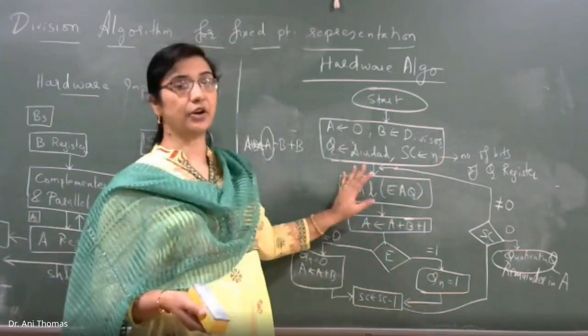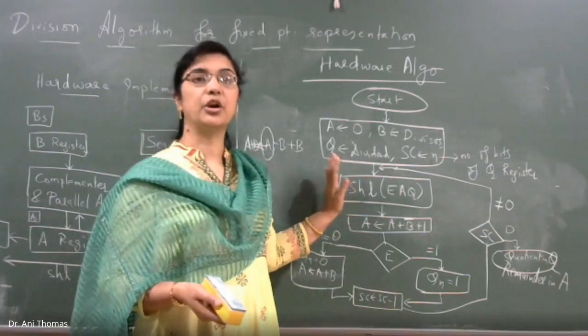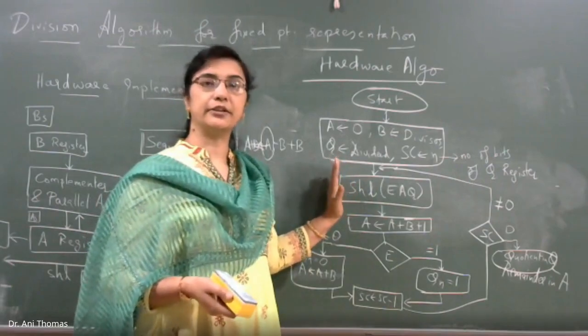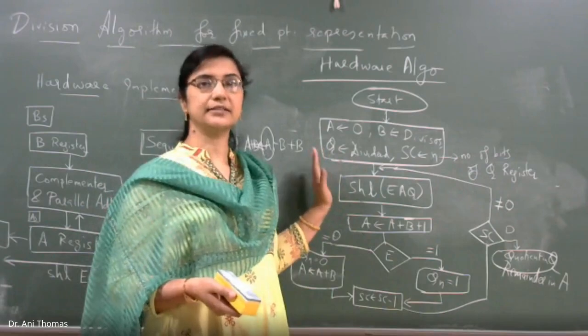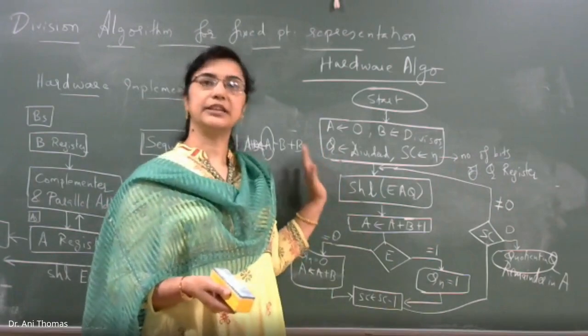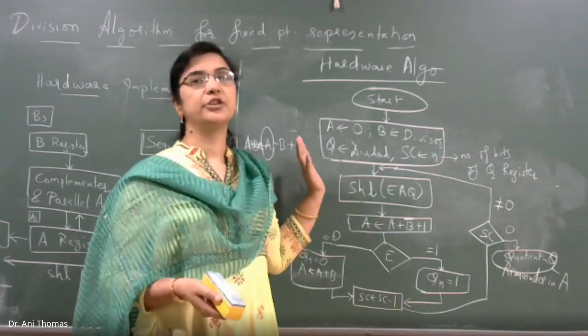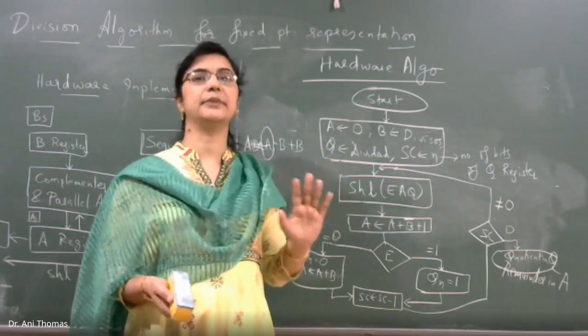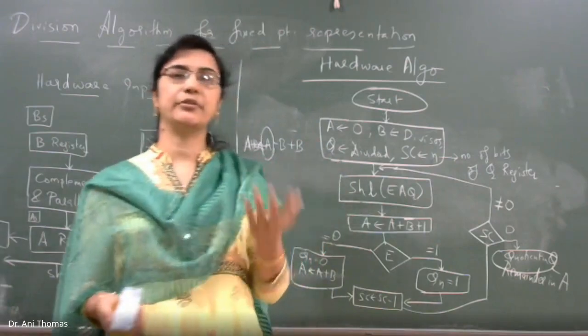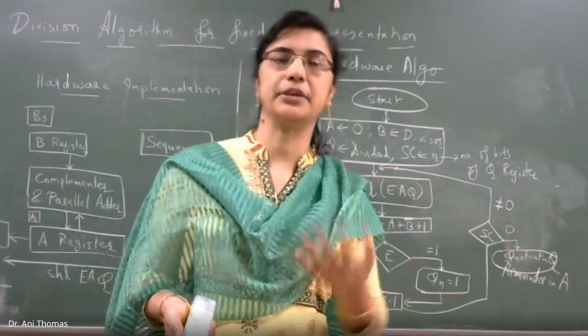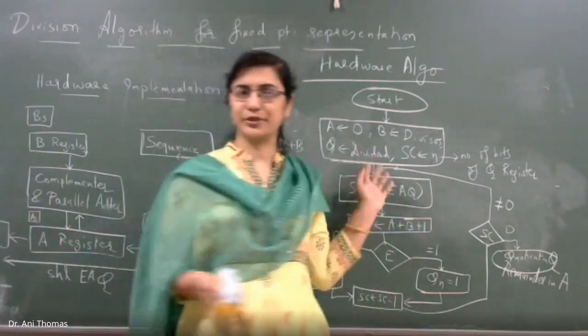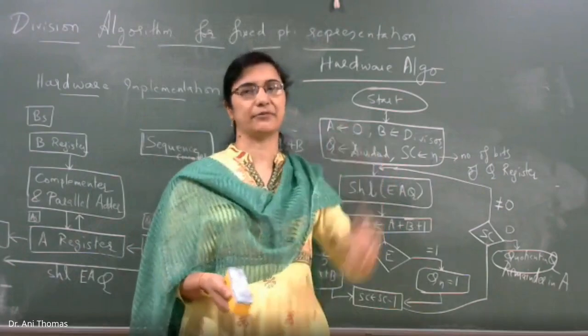So with this algorithm, I want to experiment with one example. We take the binary numbers of two numbers and divide them, and we see whether the quotient and the remainder we get after doing this algorithm are the same.